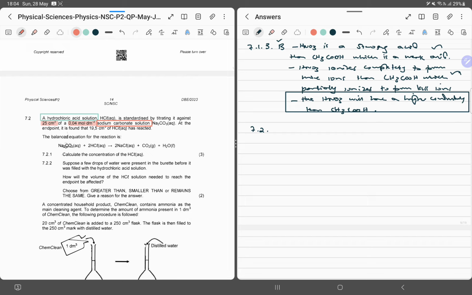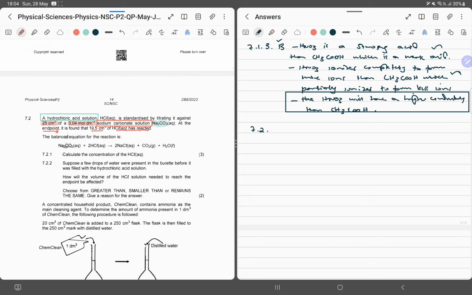Again, we essentially needed to know how to make up this. They would give you the name, you'd have to come up with the formula. But anyway, you guys are spoon-fed and spoiled. It's all right. At the end point, now once you talk of the end point, it is found that 19.5 centimeter cubed of HCl has reacted.